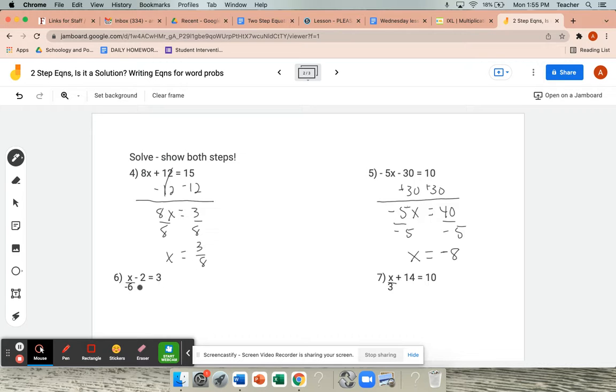Let's look at the next one. x divided by negative 6 minus 2 equals 3. We're going to first add the 2. And we get x divided by negative 6 equals 3 plus 2 is 5.